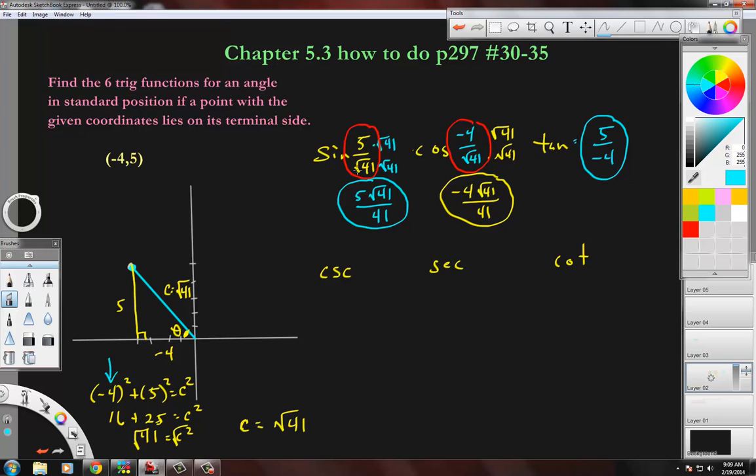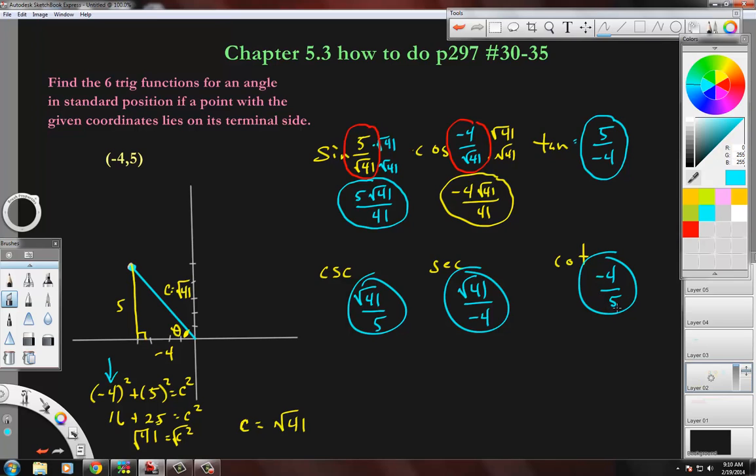That's kind of a payback for writing that down initially. That's why you should always do that. So this is radical 41 fifths. This would be radical 41 over negative 4. I'm just flipping red circles over. And the cotangent would be negative 4 fifths, final answer. And that's what you do on those problems. 6 trig functions.